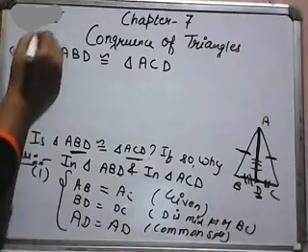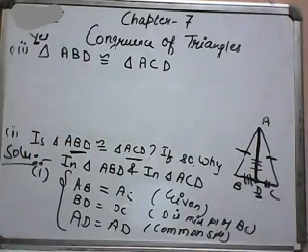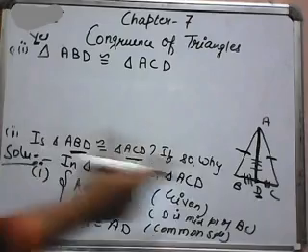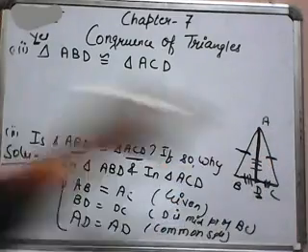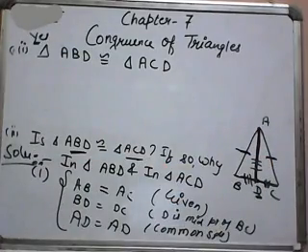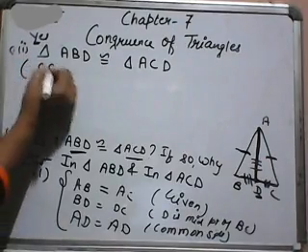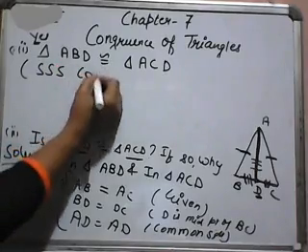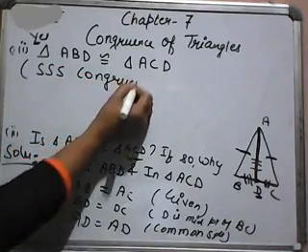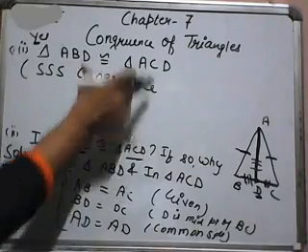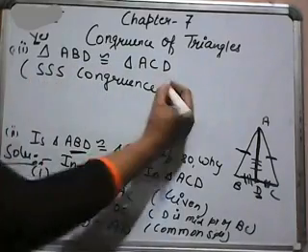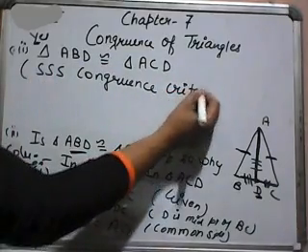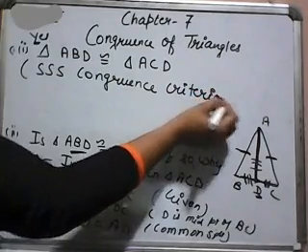Why? Because three sides of one triangle are equal to the corresponding three sides of another triangle. By which criteria? By side congruence criteria. You have to mention the criteria by which these two triangles are congruent: by side congruence criteria, these two triangles are congruent to each other.